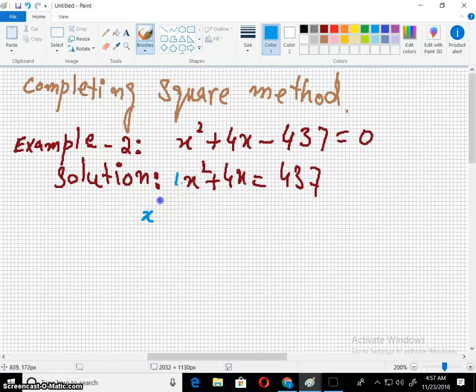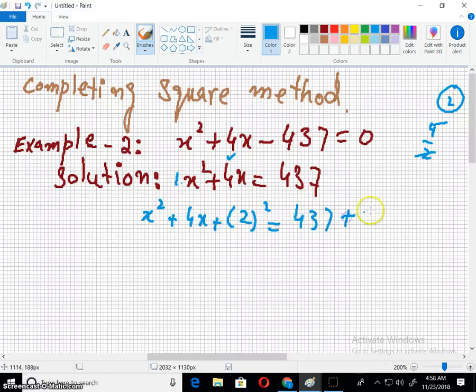The second step is just divide this number by 2, and whatever number comes, take its square and add on both sides. So adding 2 square on both sides like this, and this becomes a whole square, taking the first number from here, taking the sign from here, taking the second number from here and putting parenthesis.